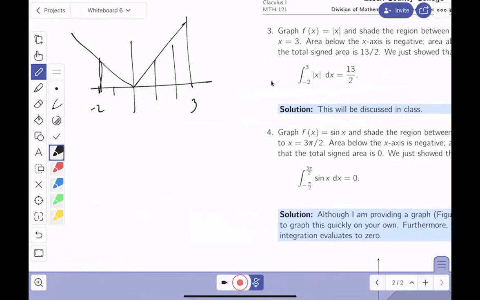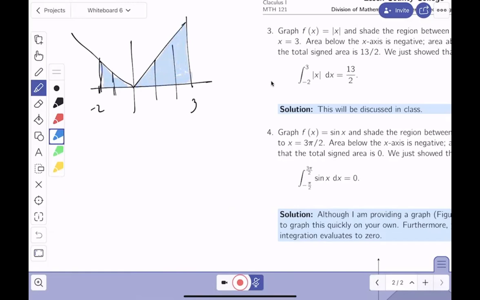Something like this. What they're asking you to do is get the area of that. So I'm going to shade it in. This is my primitive approach to area. That's what that integral represents.